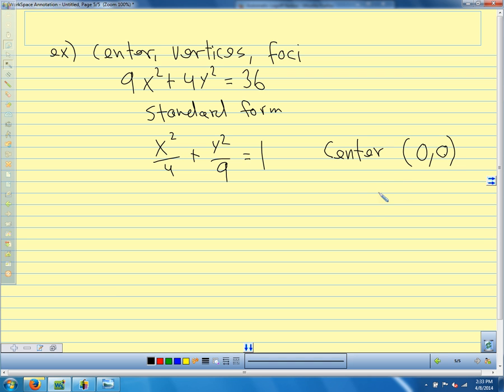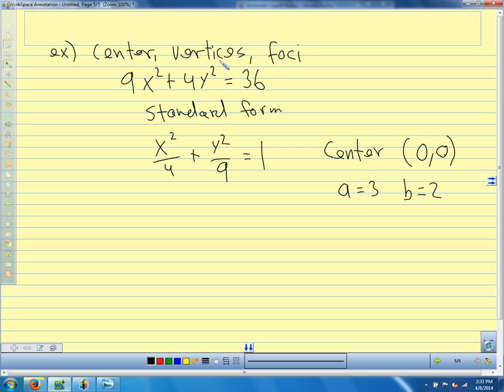Our other numbers, what do the 9 and the 4 tell us? The 9 and the 4 tell us a squared and b squared, so which is a and which is b? 9 is a squared. A is always the bigger number. So a equals 3. B equals 2.